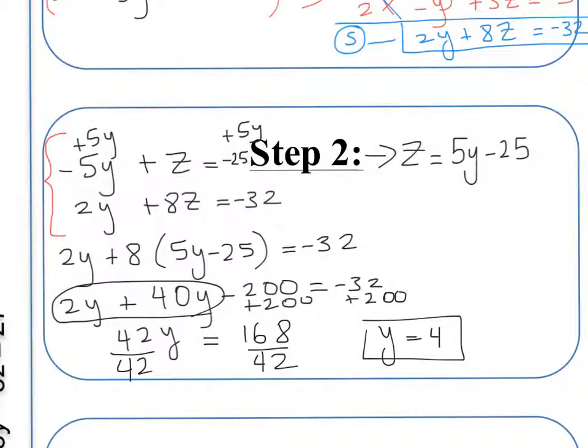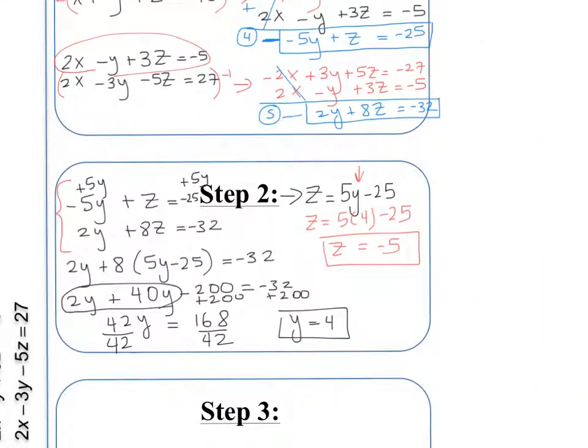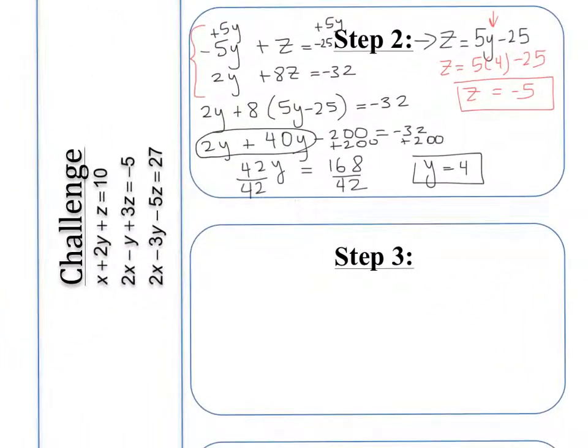Now once you find y equals 4, you can plug it back in the equation over here, and you can find z. So 5 times 4 is a 20, minus 25, that's going to give you a negative 5, and that's the value for z. Now in step 3, you just found two variables out of 3, so you can plug it back into any of the equations. I'm going to use the first one, and then you can find the third variable.